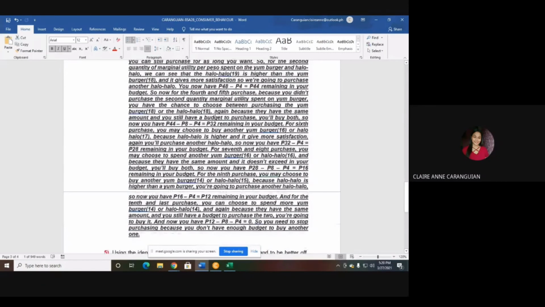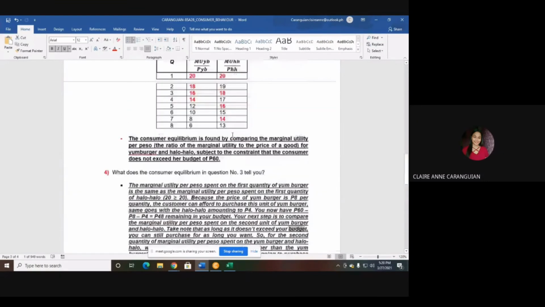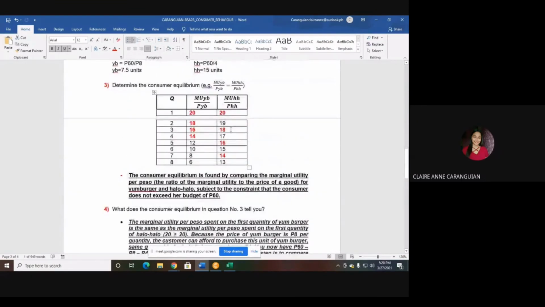So, next na tayo is, again, because they have the same amount, you still have a budget to purchase. So, quantity 3. Diba? 16 and 18. You will choose. So, compare natin yung sa quantity 3 sa Yum Burger and Halo Halo.